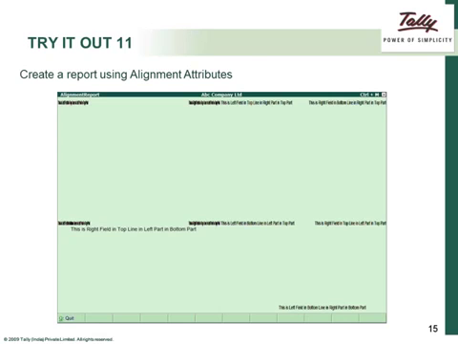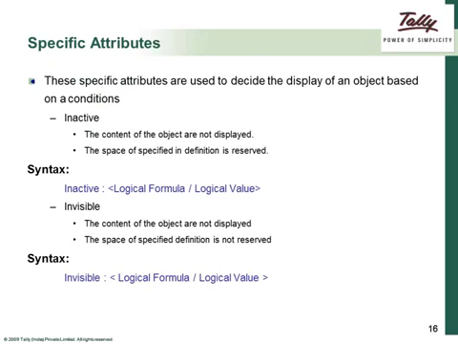Then we have two specific attributes, inactive and invisible. Inactive is the attribute that reserves the space for the content that is on the left hand side or the right hand side, whereas invisible does not reserve the space for that particular destination. So when there are outputs to be shown based on a condition, depending on whether it's inactive or invisible, the space will be left.